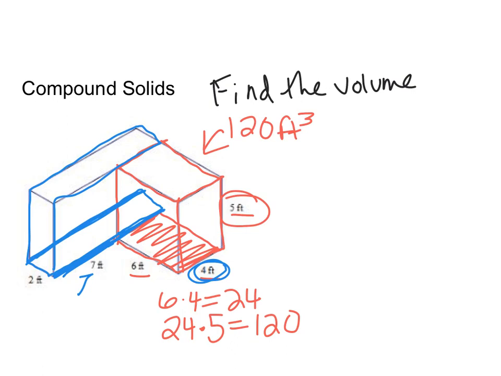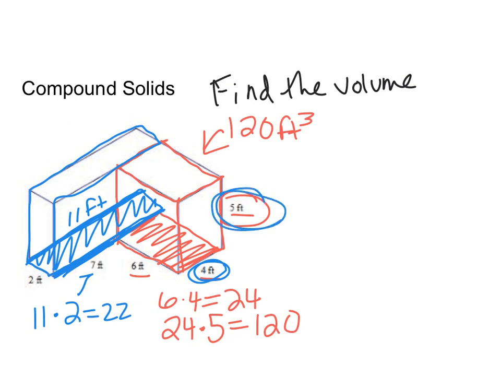So that 7 plus 4 would give me 11 feet. So I need to do 11 times 2 to get 22 for my area of the base. And then this whole thing seems to have the same height, so that means that my height is still 5.